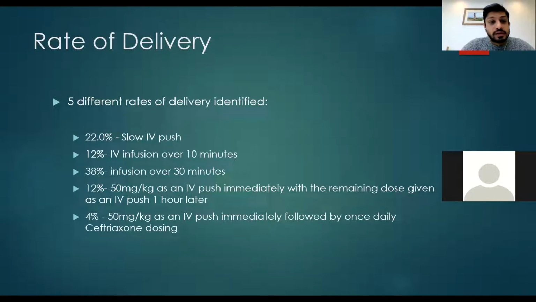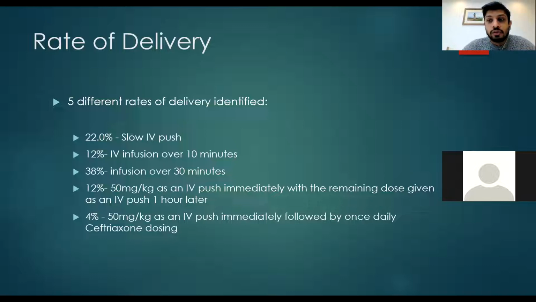In terms of the rate of delivery, we found quite a wide variation between clinicians in terms of how the ceftriaxone was being given. So for those of you that are from out of region, we have 50 milligrams per kilogram ceftriaxone, which is often given as a broad spectrum antibiotic for generally unwell children.